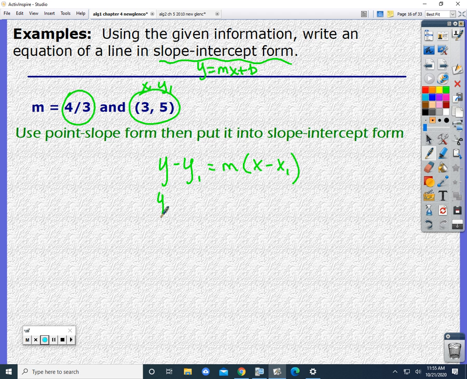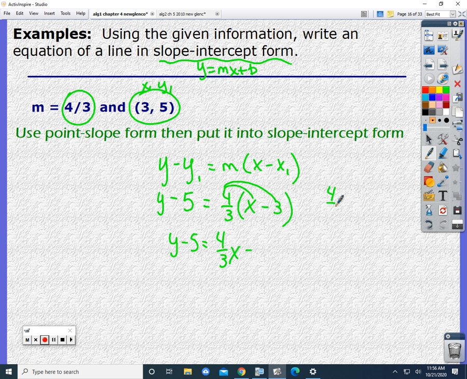So we got y minus 5 equals 4/3 times x minus 3. And we got to keep going. See, this is not finished. We want just the y. But we need to go clean up by distributing that. So you're going to do 4/3 times x. 4/3 times 3.